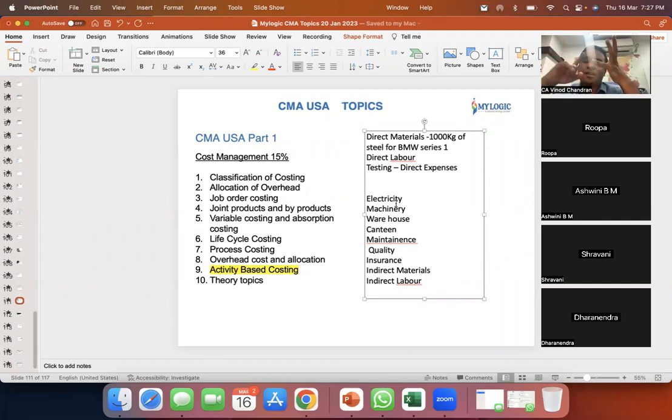Any expenditure other than direct material, direct labor, direct expenses, whatever expenses we incur, we call it overheads. Are you able to follow? Clear, guys? Yes, sir. Everyone? Any expenditure other than direct material, direct labor, direct expense, which is incurred in the production floor as a whole, we call it overheads.